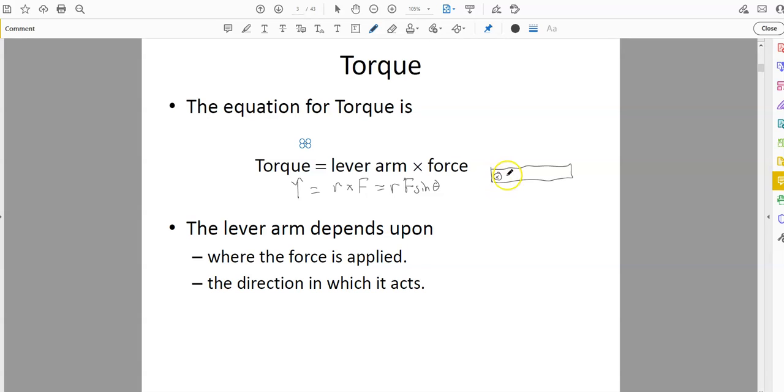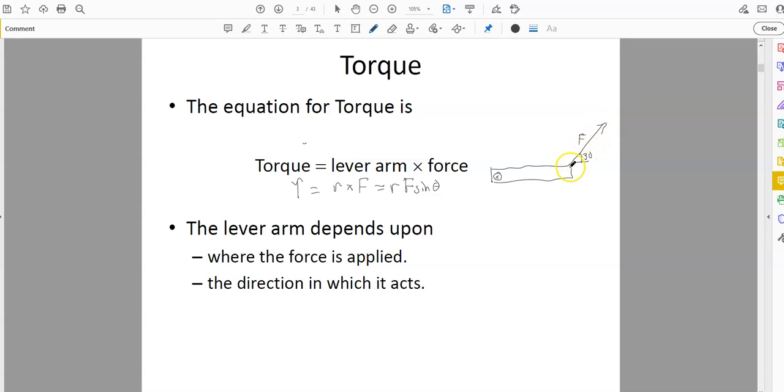If you have that same object spinning, and let's have it start spinning counterclockwise, but let's say it's being pulled up at an angle of, I don't know, 30 degrees. Here's the force F, and let's say it's being pulled by some force up and to the right.